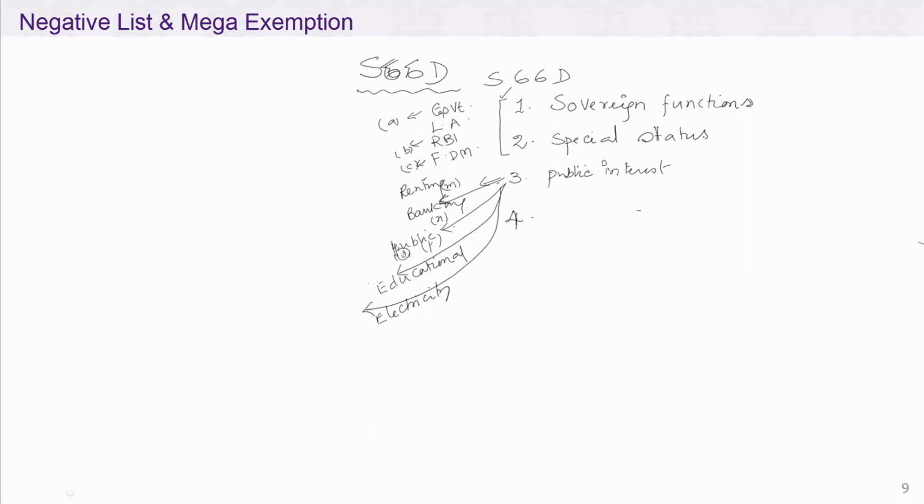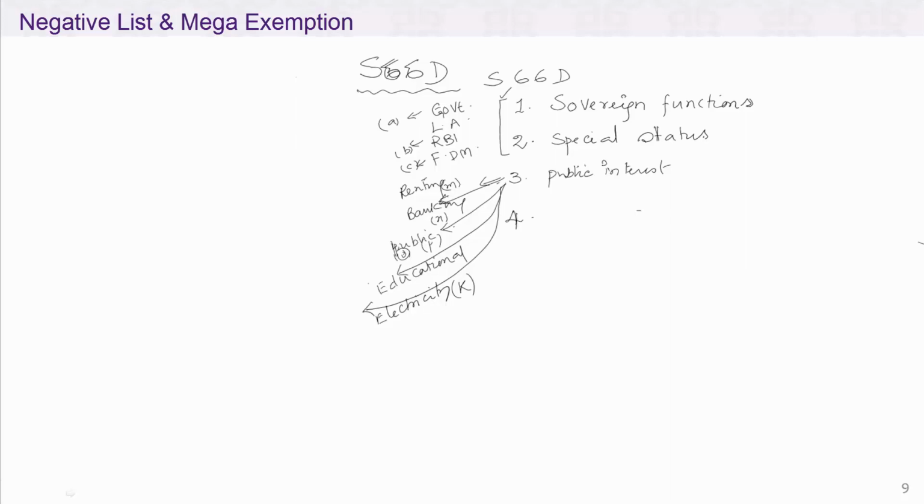So electricity, it is kilowatts. Just to remember, K stands for kilowatts and it is electricity. So 66D clause K deals with electricity, which is in the negative list, and education.